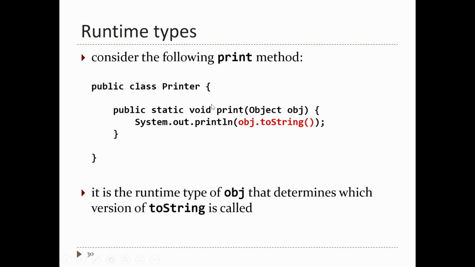So here's a print method inside the class Printer. It takes in a parameter of type Object. So using the parameter obj, what methods can I call? Well, I can call any method that's in the class Object, so I can call toString, for example. The runtime type of obj determines which version of toString is called.